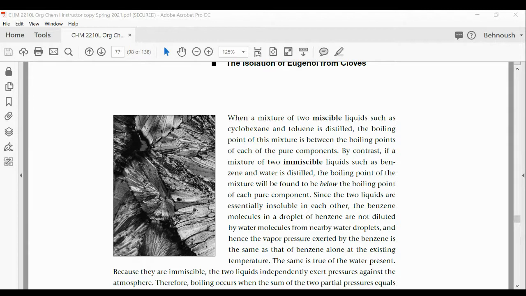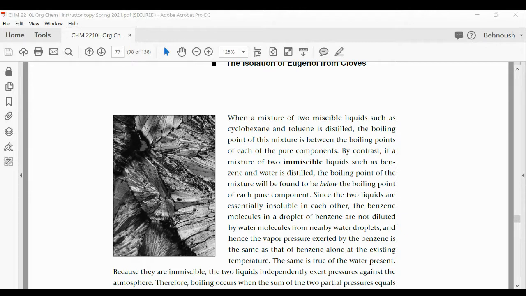What does that mean? It means that at 1 atm or 760 millimeters of mercury, the external or environmental pressure, the vapor pressure of water equals 760. The key is the total vapor pressure concept that is used in steam distillation.